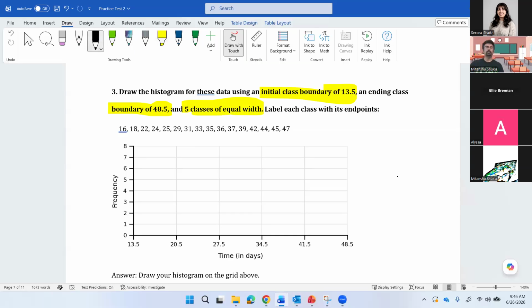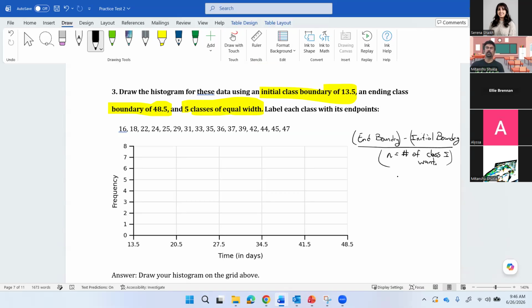This is where I do end boundary minus initial boundary divided by n, where n is equal to what? It's equal to the number of classes I want. Okay?